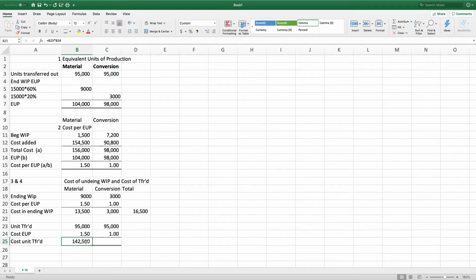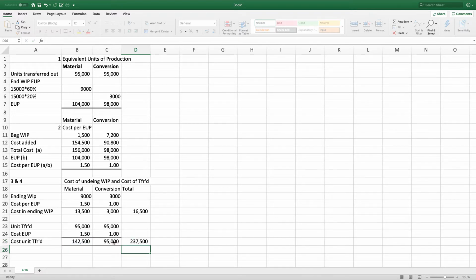And I do the same thing with conversion costs. I take the 95,000 times $1. I get 95,000. So the total cost of everything that I transferred out is $237,500.